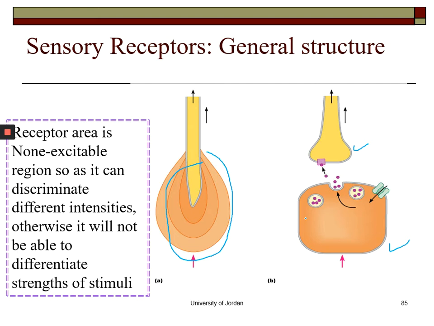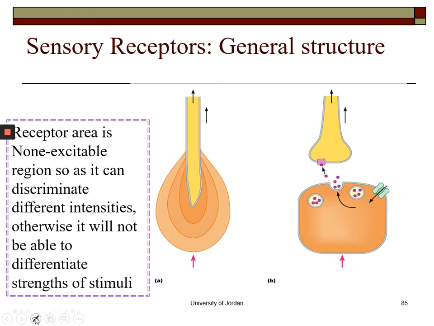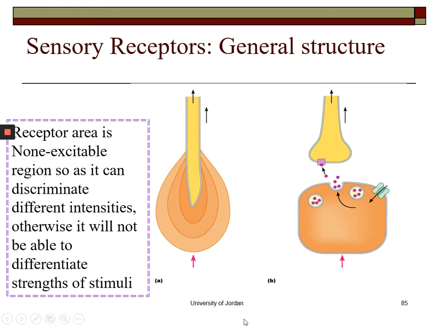But this receptor area, whether it is the terminal part or it is separate from the afferent neuron, in both cases the receptor area is non-excitable. What do we mean by non-excitable?